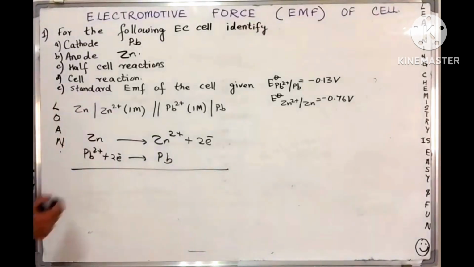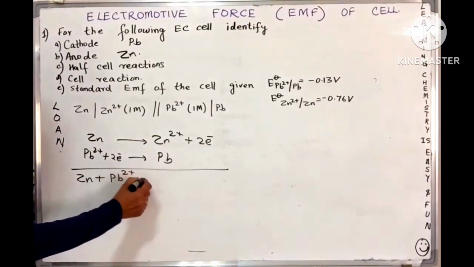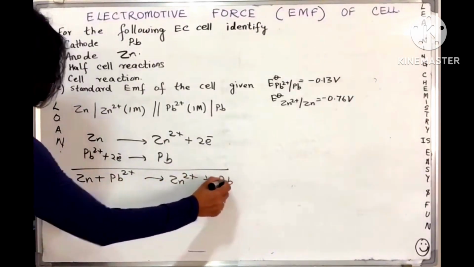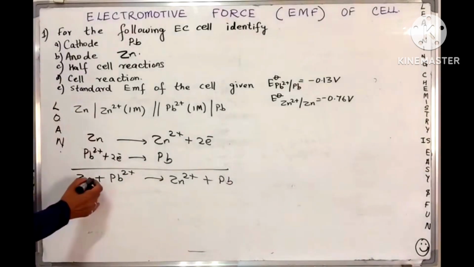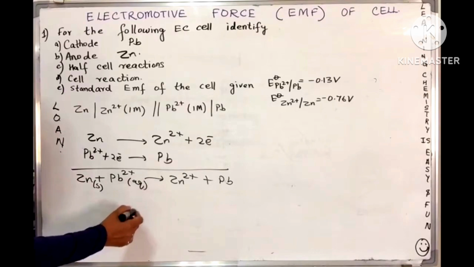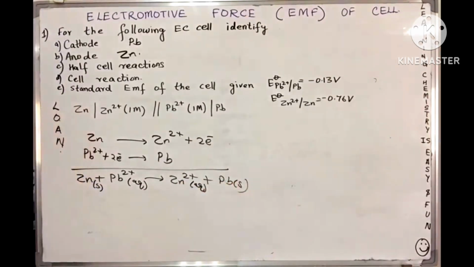Full cell reaction: Zn plus Pb2+ changing to Zn2+ plus Pb. To make it a little more fancy, put the states. So you have solid, aqueous, aqueous, solid. Yes. So half cell reaction done.